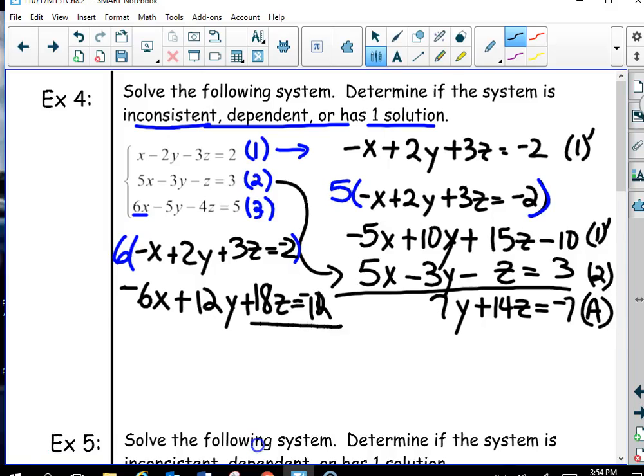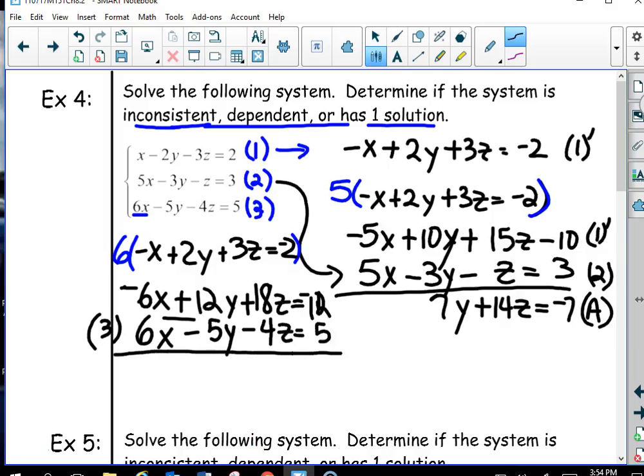Okay, combining that with equation 3, I'll get 0x, I'll get 7y plus 14z equals -7.